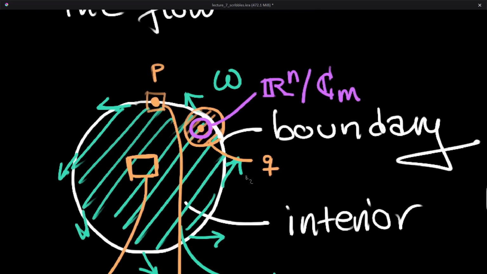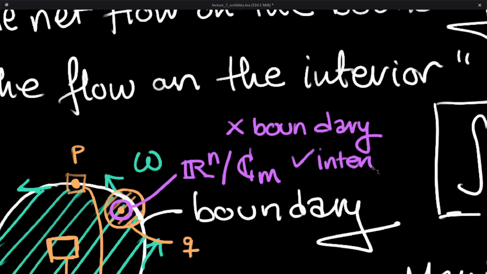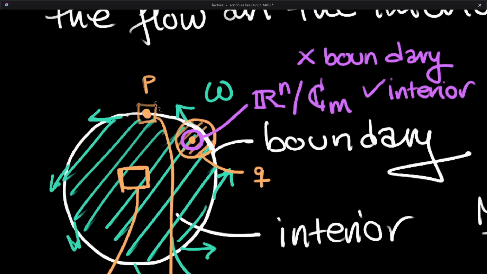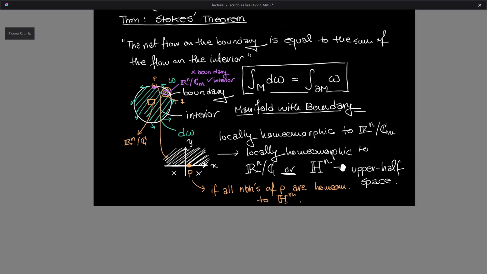So this is not a boundary; this is an interior point. But on a boundary, no matter how small a neighborhood you take, you'll have to exit the manifold, and therefore you will look like upper half space. That's what a manifold with a boundary looks like.